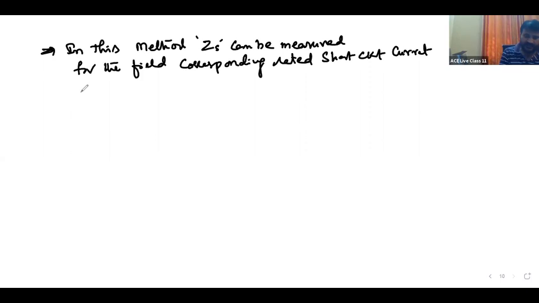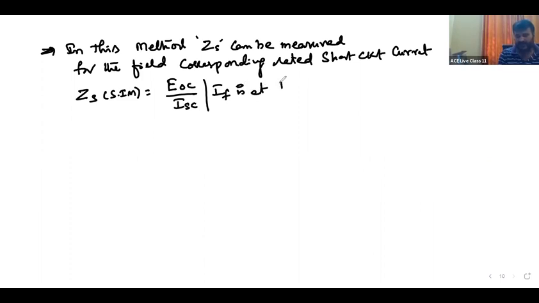Then ZS by the synchronous impedance method is EOC by ISC, at the field current IF for which ISC is equal to IA rated.